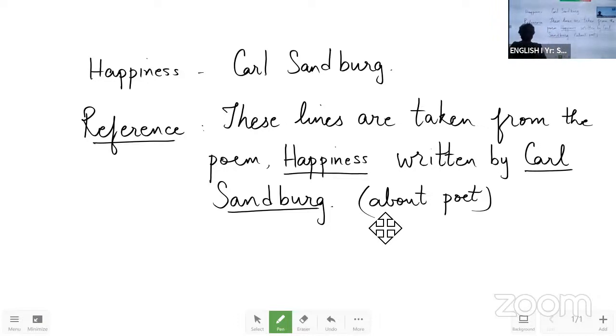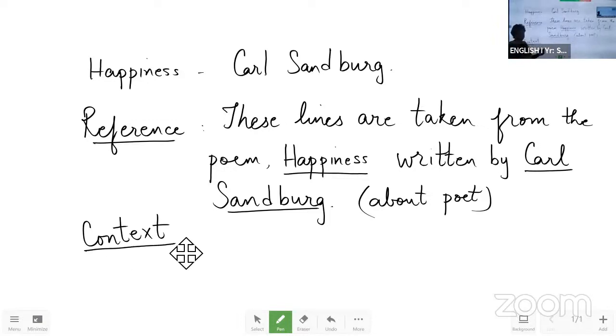Then you come to the context. Context is nothing but the explanation of the two lines. Like I told you, happiness revolves around two things. What are they? The poet is anxious to know the meaning of happiness.